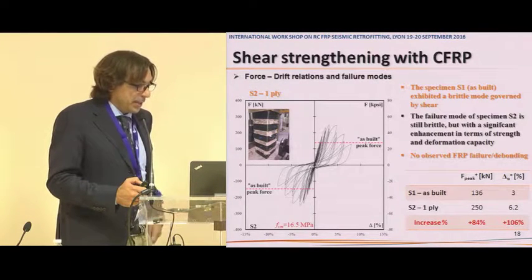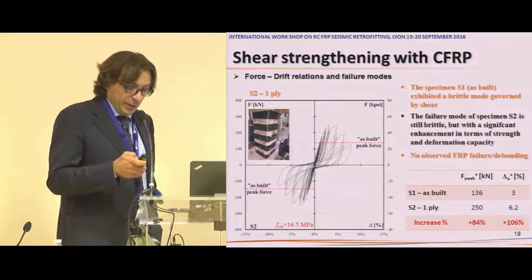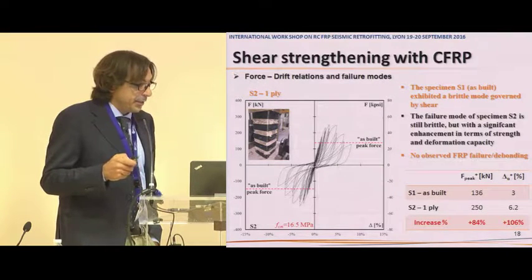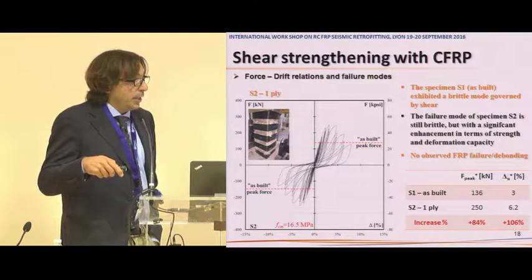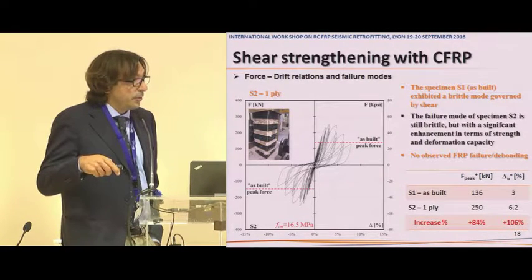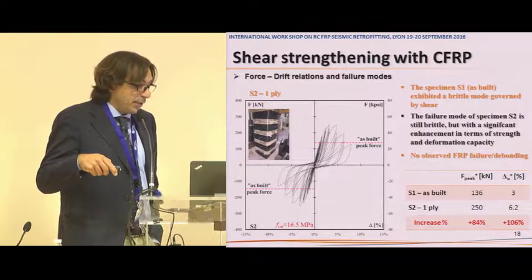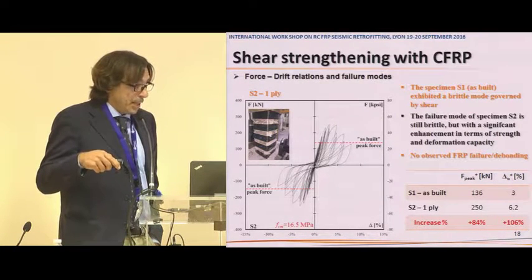Coming back to the second part of our work, which is the shear capacity increase by using FRP on short columns. Here, very quickly, I just want to show you what happened in our tests. This is the comparison between the experimental behavior of short columns strengthened with FRP with respect to the shear capacity of the column without FRP. What we had was a very significant increase by using one ply of discontinuous strips.